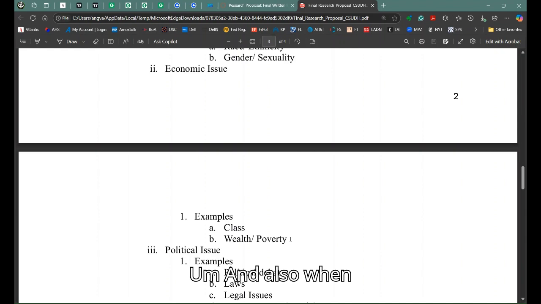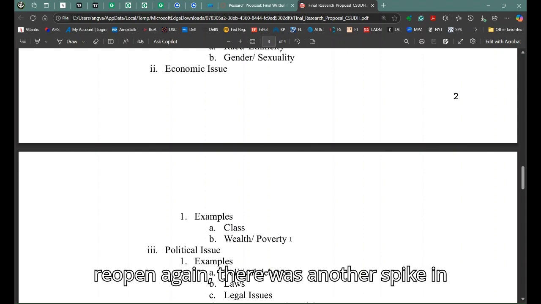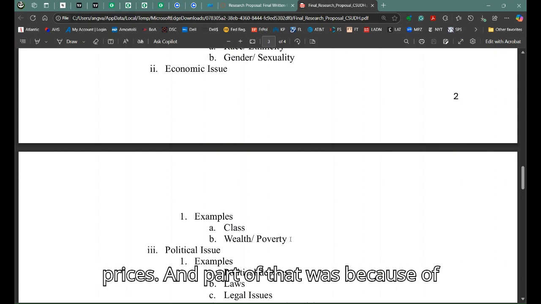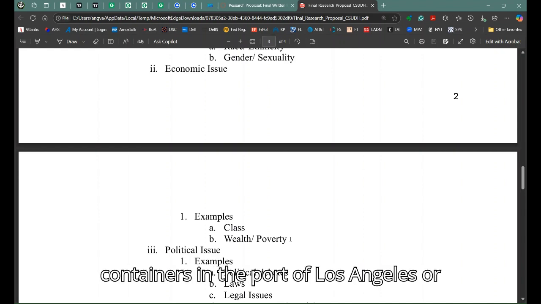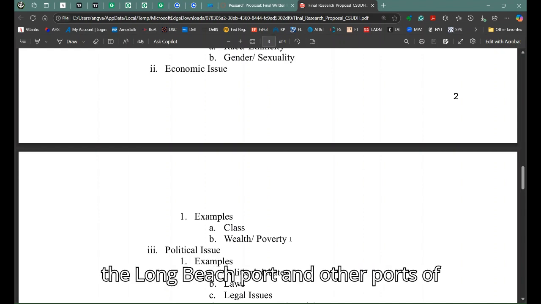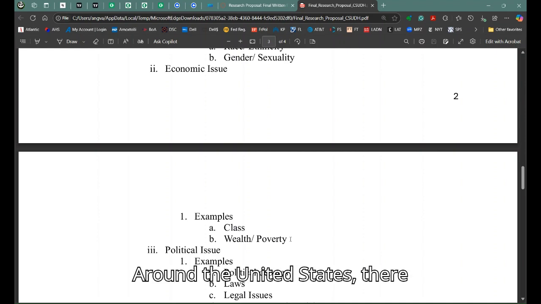When society started to reopen again, there was another spike in prices, and part of that was because of shipping containers backing up at the port of Los Angeles, the Long Beach port, and other ports of entry around the United States.